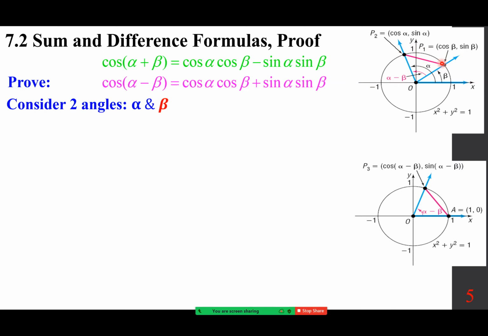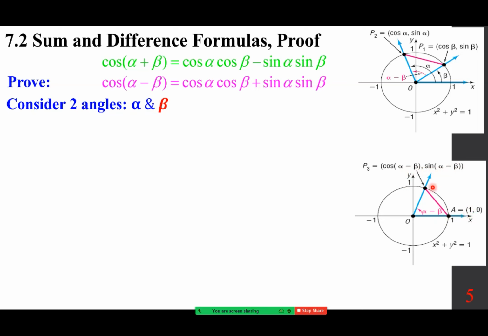Now, if we establish this angle of alpha minus beta from the x-axis, then the coordinates for this point, which we are going to call P sub 3, are cosine of alpha minus beta and sine of alpha minus beta. And this point simply has coordinates 1, 0.